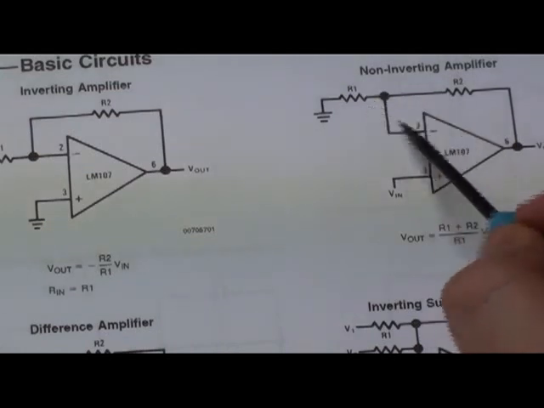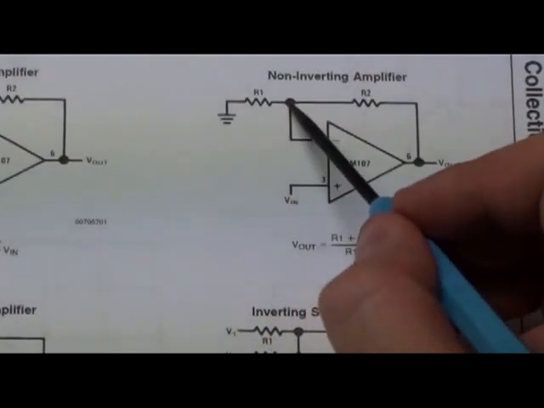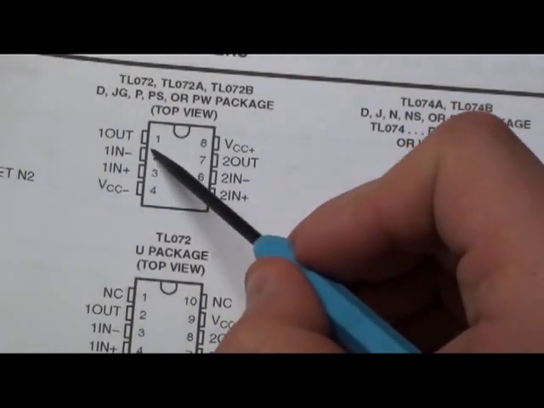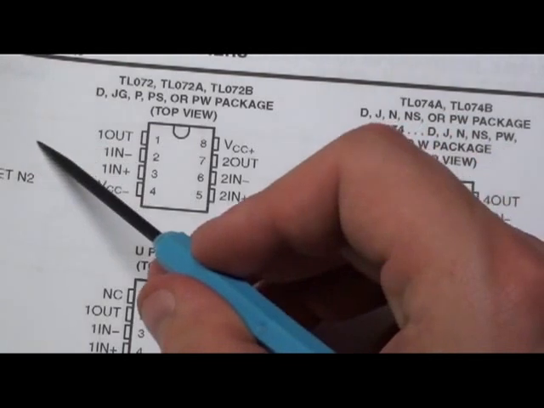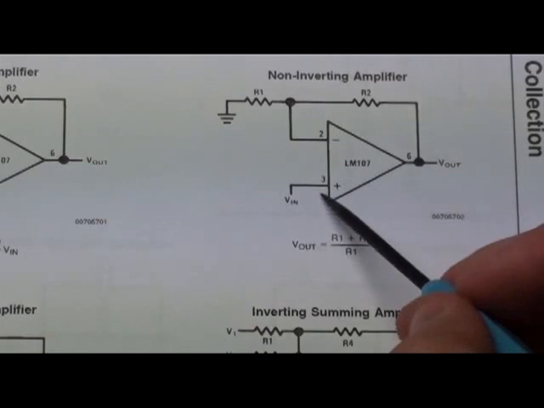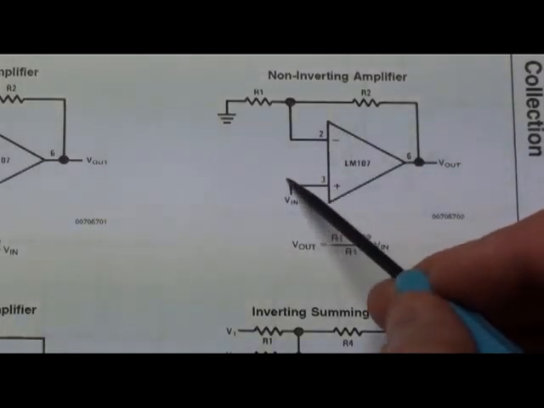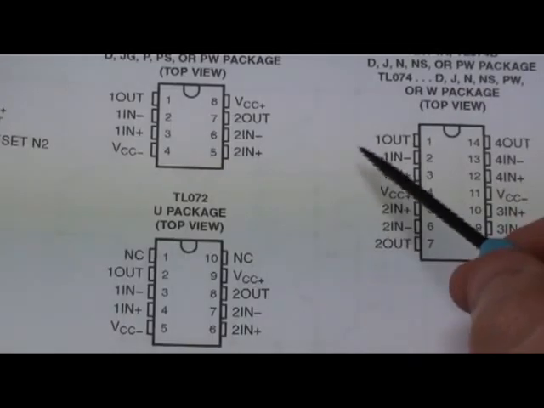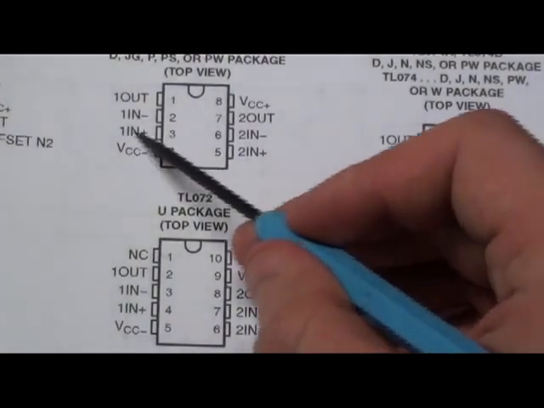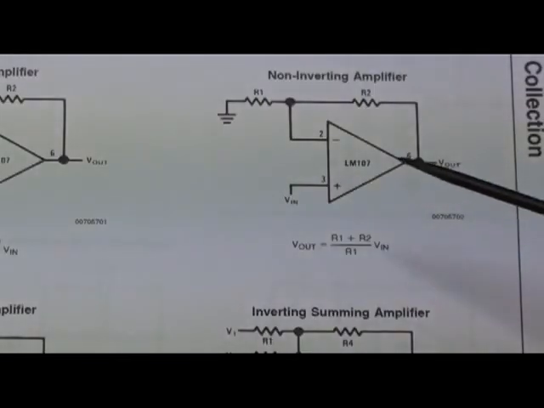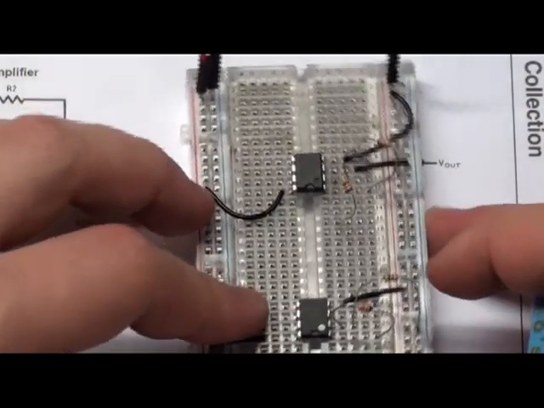Then we go from the minus, pin 2, through a resistor to the output, pin 1. And on the plus, we attach the voltage that we want to see come out of the output. Simple enough. So when you build it, it looks like this.